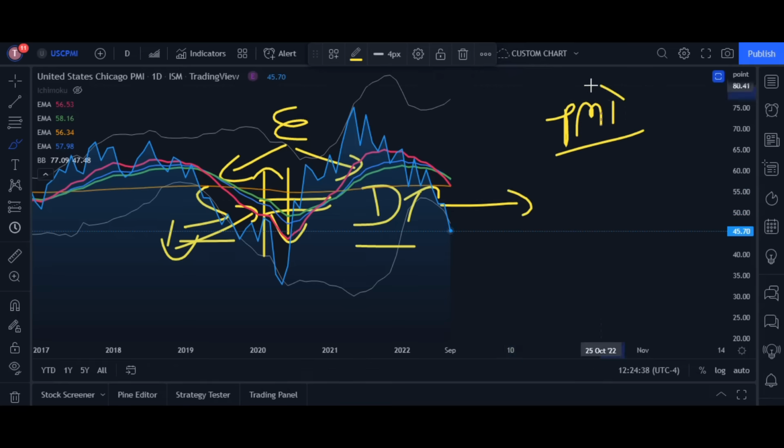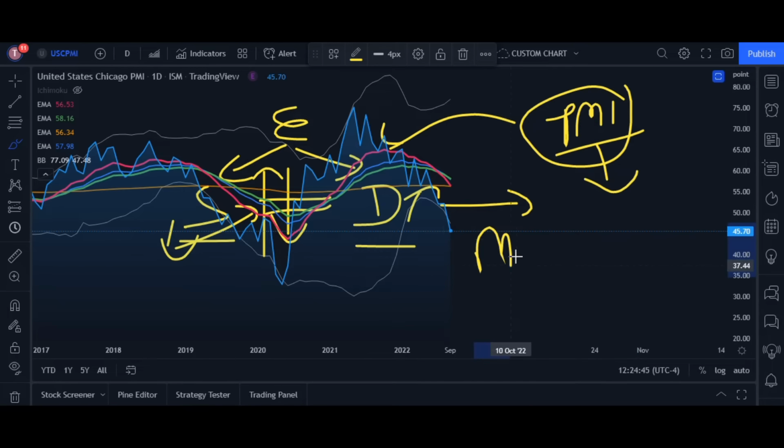And now comes the PMI, the same thing: supply, demand, and the economy. PMI means manufacturing. There are factories that produce some items, some products, right? So when this PMI data comes down, what does it indicate?